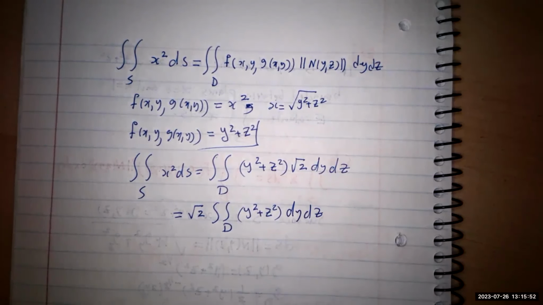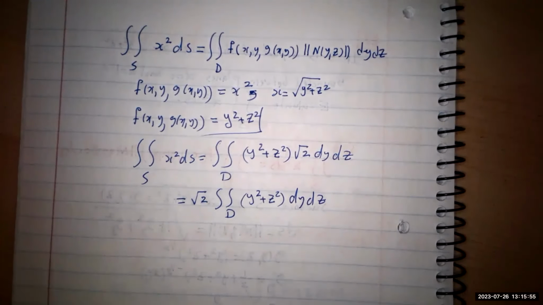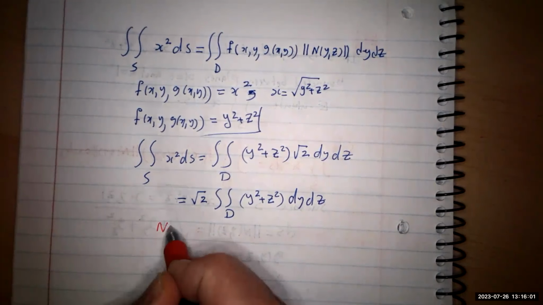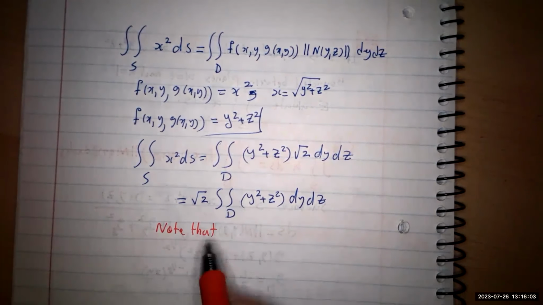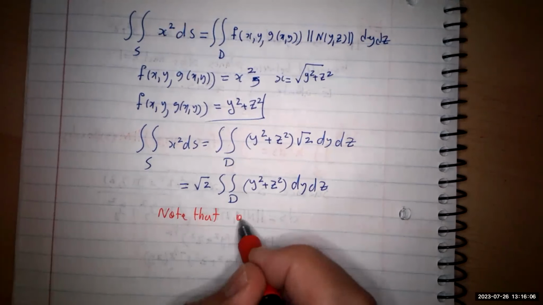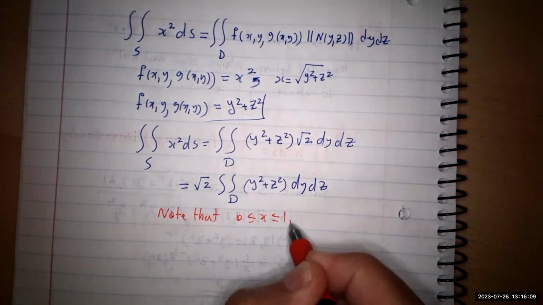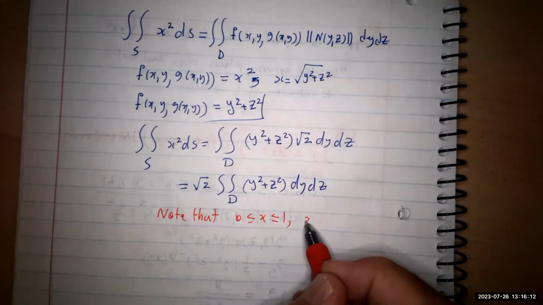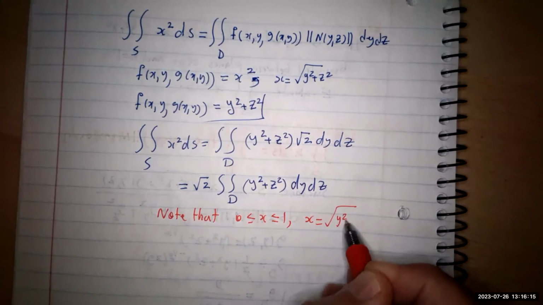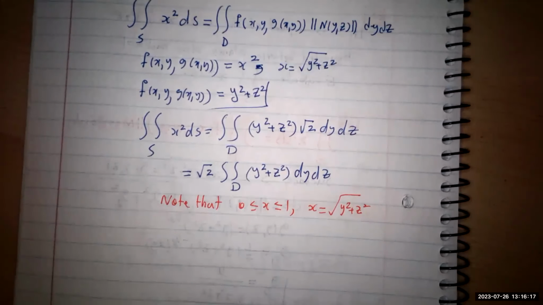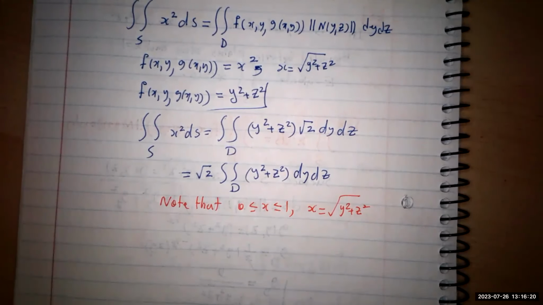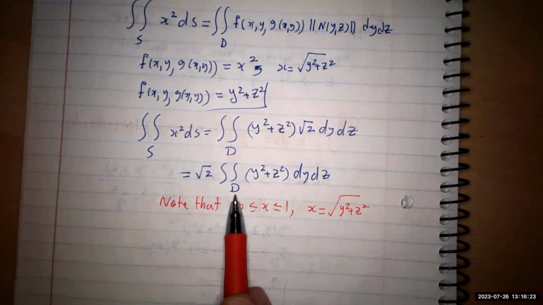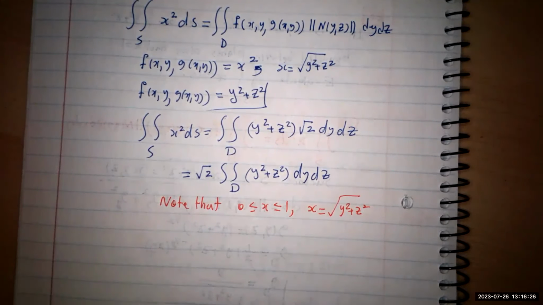Now go back to see what restrictions you have, what sort of domain you have. Remember, note that they give you two planes, x equal to 0 and x equal to 1, and then you have the fact that x is equal to radical y squared plus z squared. So the domain in two dimensions that you want to integrate is going to be the following.